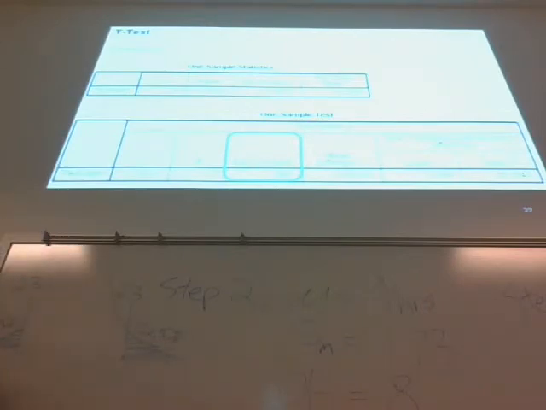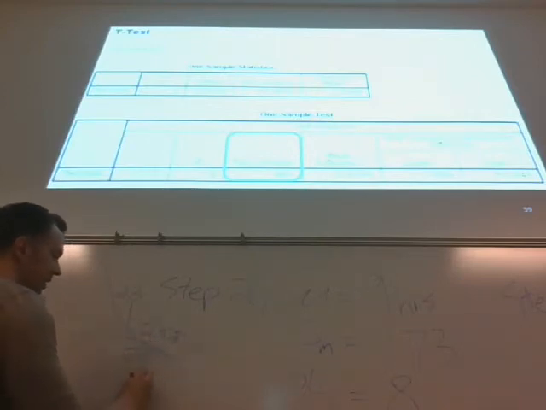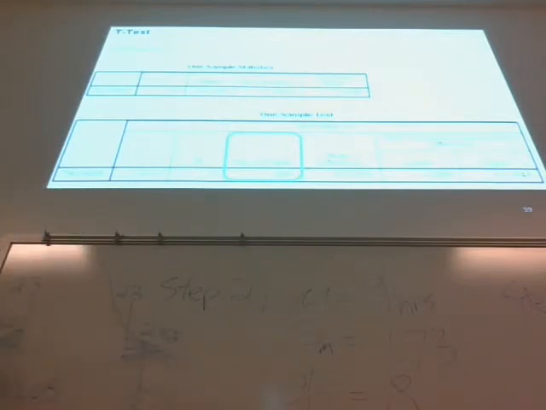I'll pop it over here. Alpha, 0.05. What SPSS has said is that your sample is right here, right here at 3.6. That's where your sample is.